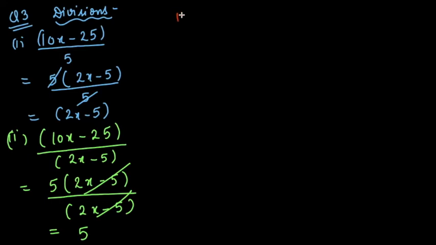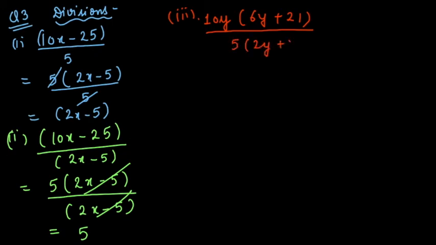Right? Let's see what is in the third part of the question. It is 10y given here. Within brackets you have 6y plus 21, which you have to divide by 5 into 2y plus 7. Interesting. So if I take 10y as it is, what is common from 6y plus 21?